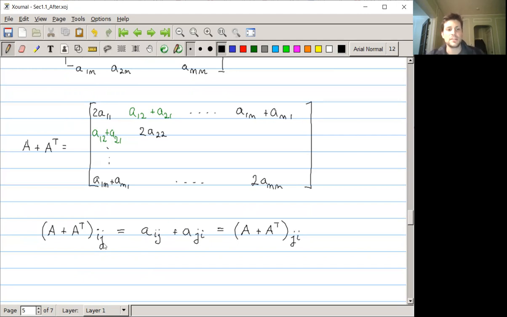If you think about it, ith row, jth column will have this entry here, but also jth row, ith column will have the same entry. We did one little example up here with i and j equal to 1 and 2 respectively. In other words, A plus A transpose is symmetric.